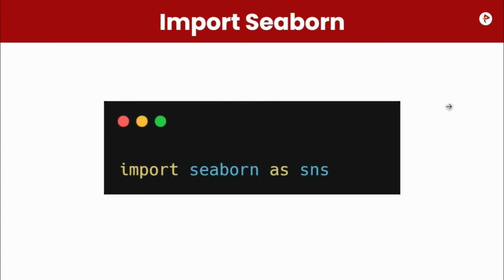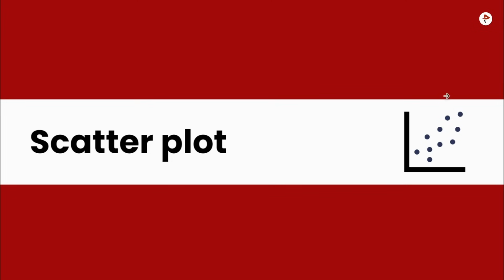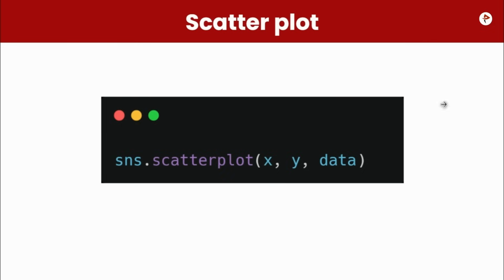Now let us see how to use it to plot, starting with scatter plot. To draw a scatter plot in Seaborn, you can call sns.scatterplot. In Matplotlib we just call .scatter, but here we will be calling .scatterplot, and you have to pass the x and y. What is the x value?